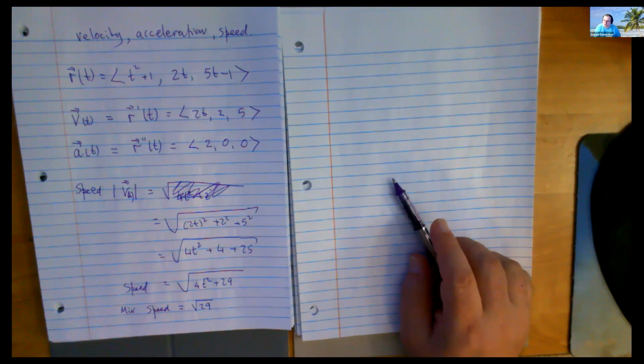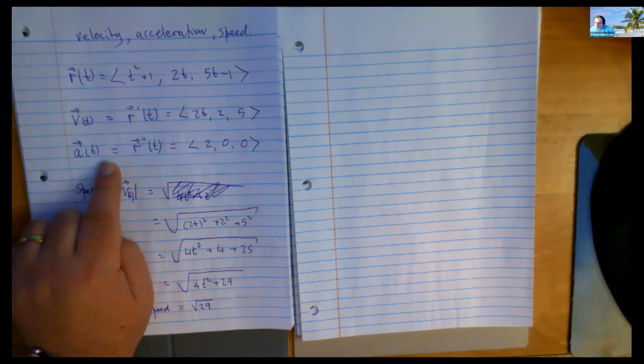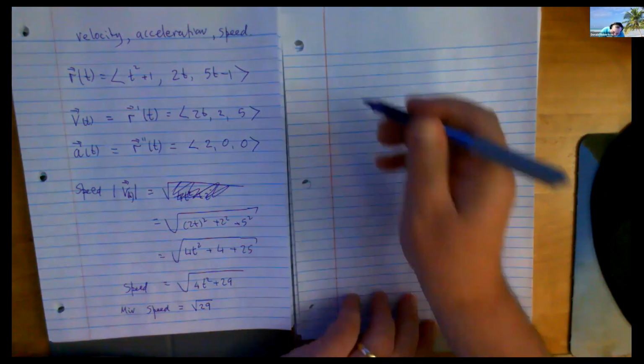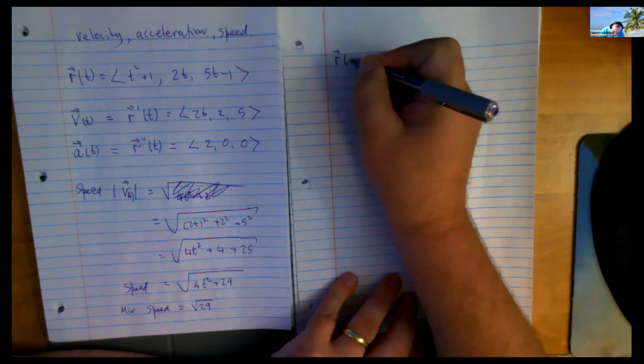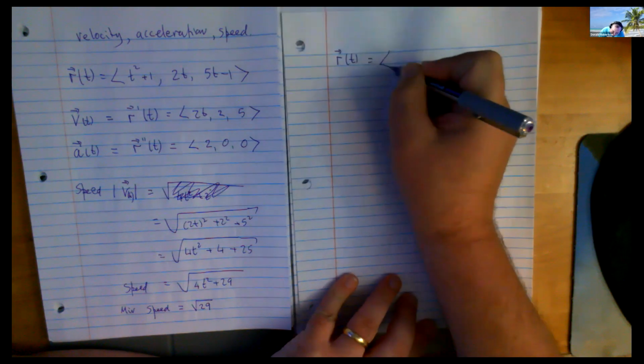We cool with that? In a lot of ways, do you see how these guys are much easier to handle? The next one I'm going to do is a helix, and then the one after that we'll pick some ridiculously ugly thing just to show you the math of it. So here's my second fella. I'm going to do one of my friends, a helix.